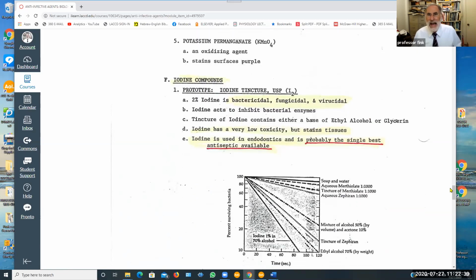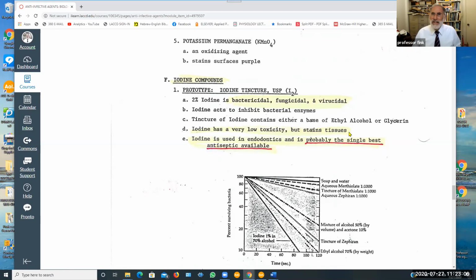The last class of antiseptics we're going to mention are the iodine compounds. In general, halogens tend to be bactericidal and fungicidal, and even effective against viruses. When we say halogens, that includes not only iodine, which is the most important, but chlorine and bromine and others.